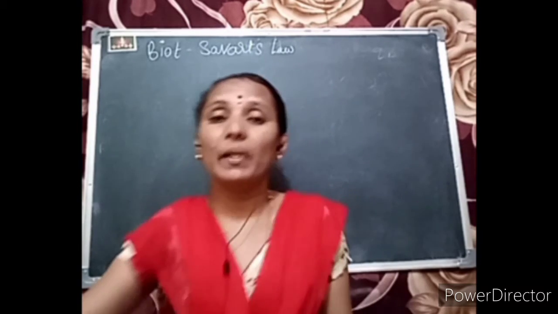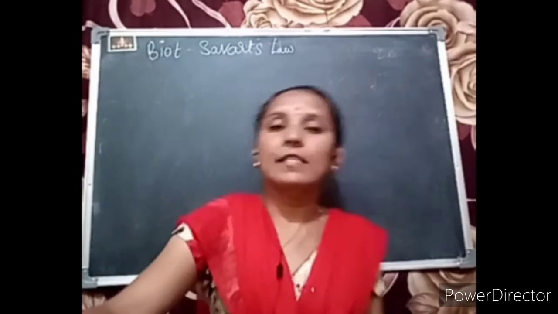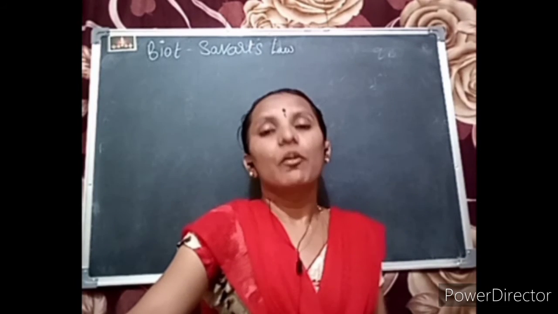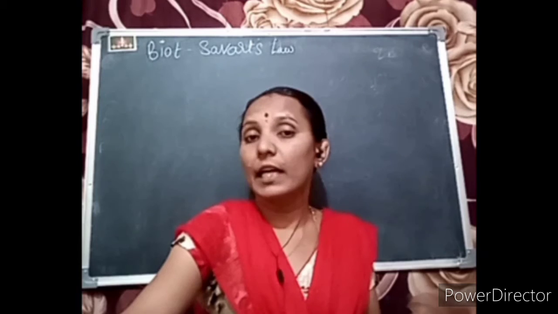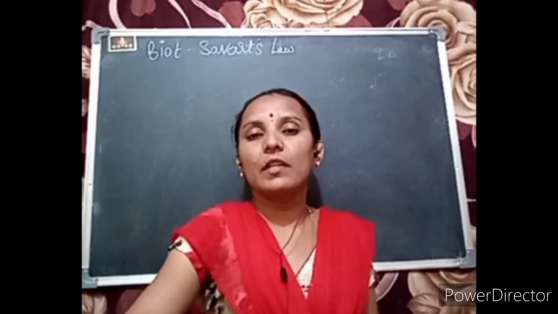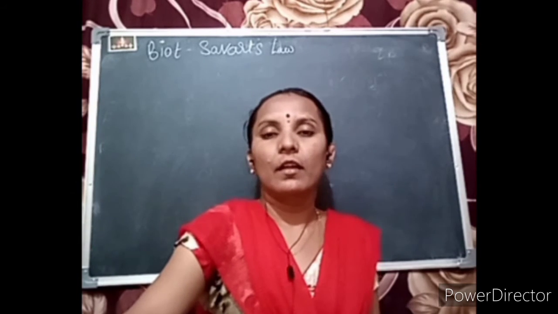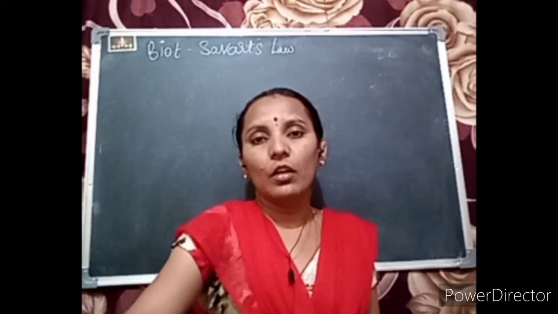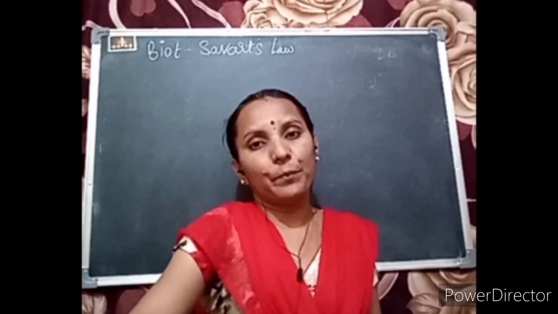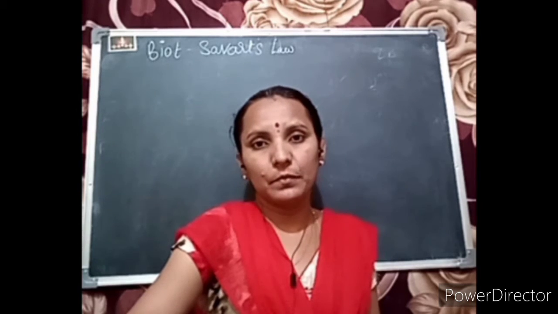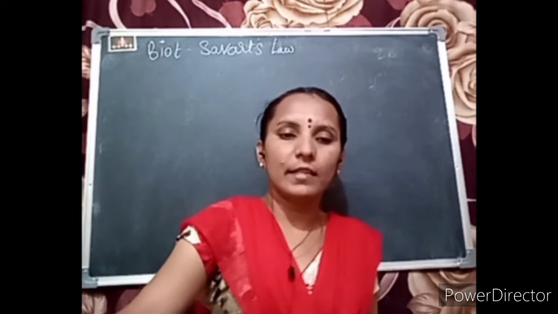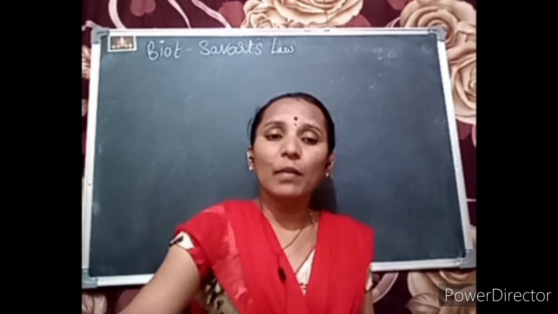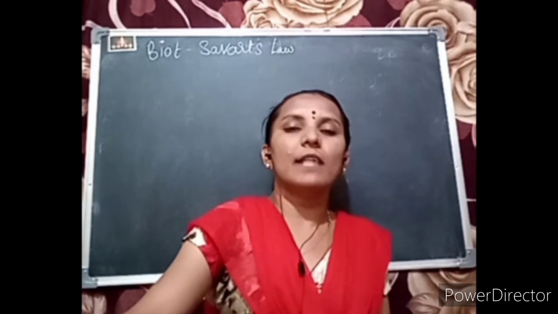The intention is to explain Biot-Savart's law, which is basically an experimental law that makes use of the length element and current element. Current element is the product of current flowing in the length dl segment of a current carrying wire. So this current element is a vector represented as Idl.